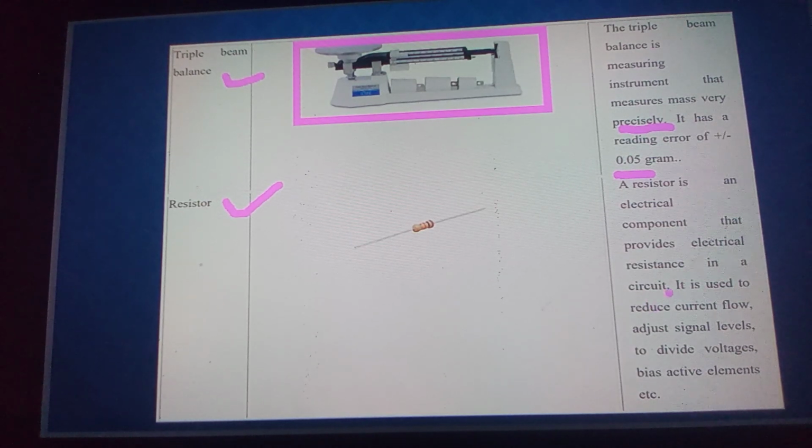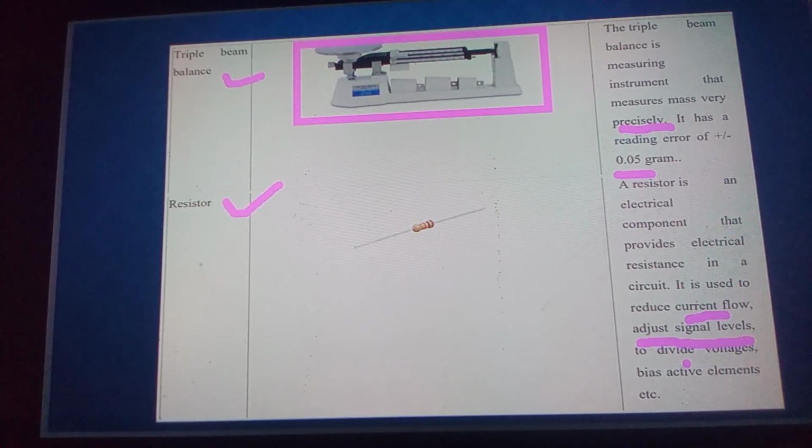We can use it to reduce the flow of current in the circuit, but also it can be used to adjust the signal levels, or even to divide the voltage.